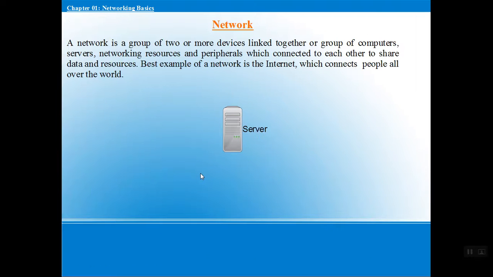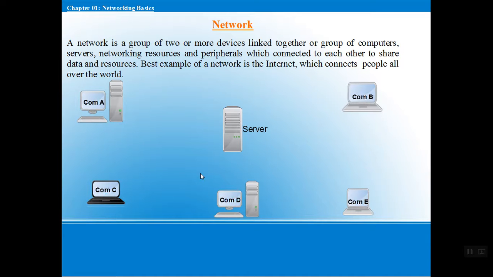So let's start with the network. In a network we can see all the computers and client PCs connected with the dedicated device or server. Or we can say it's a group of computers. In a very basic manner, a network can be a group of people, friends, or society, connected with each other.